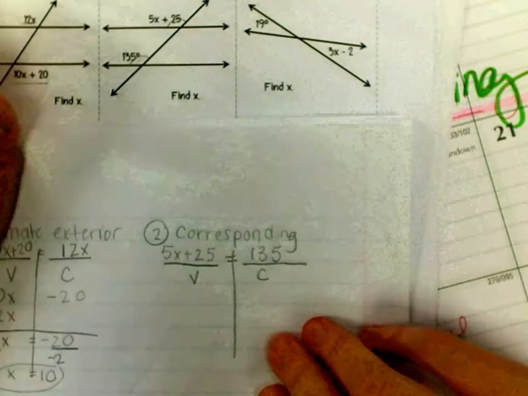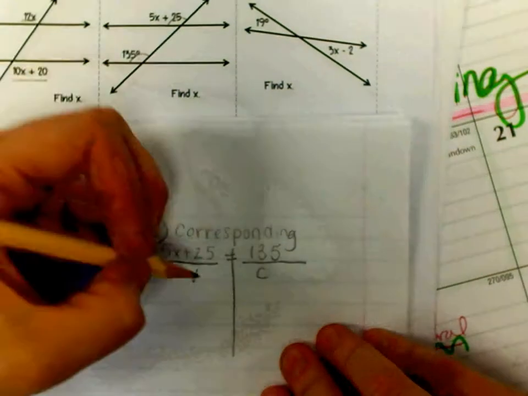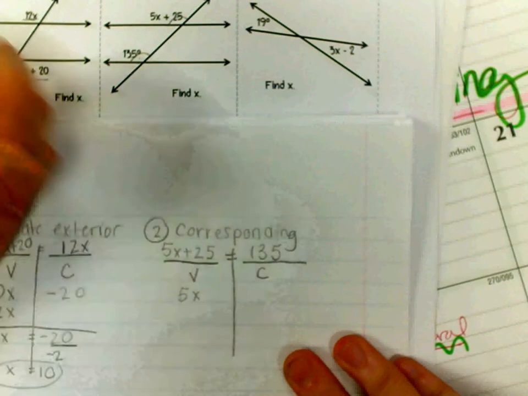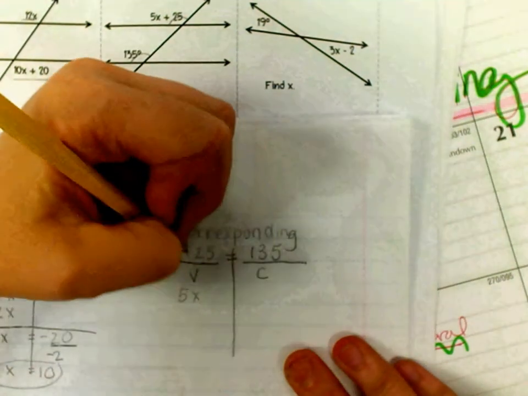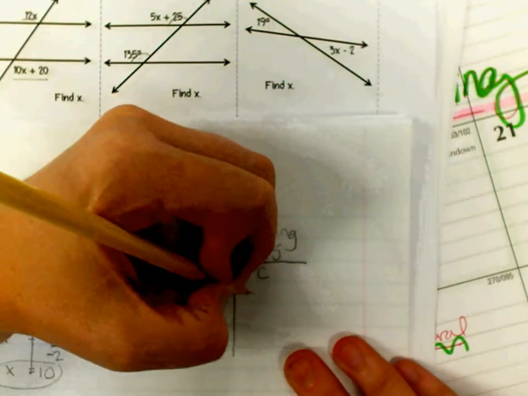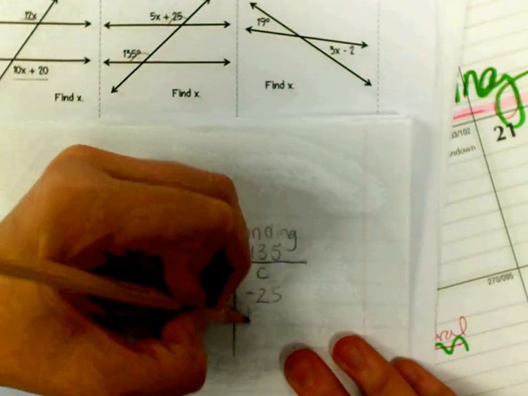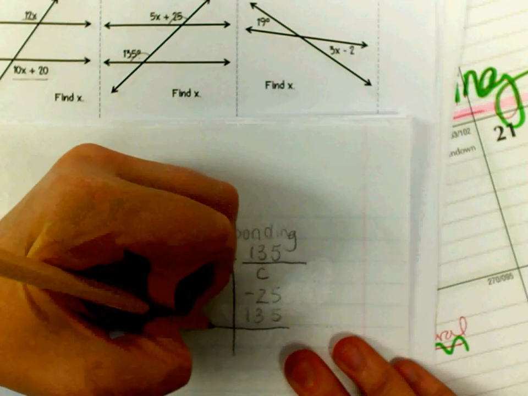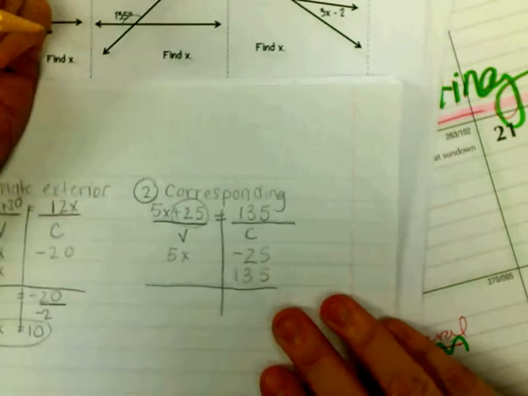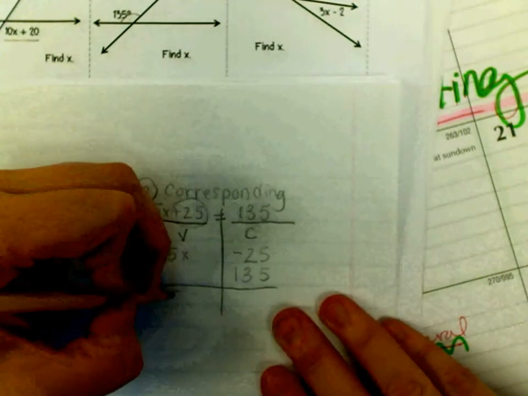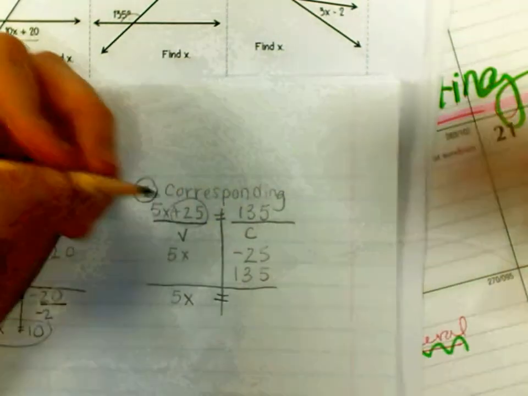Variables on the left, constants on the right. My variable term here is 5x. My constant is positive 25, but I'm going to change it to a negative because I'm switching sides, and 135 positive. Okay? Add everything up. 5x equals, forgot my calculator.